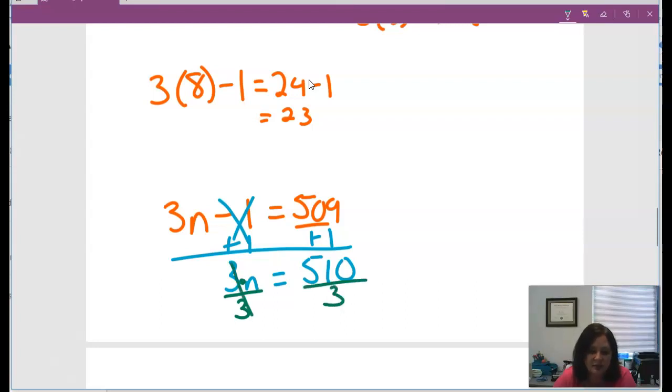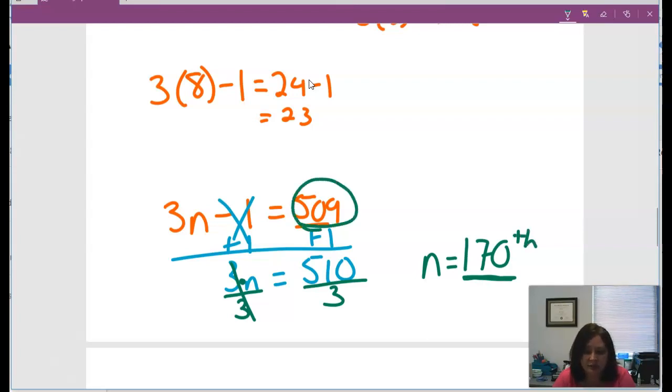Divide both sides by 3, and I'm going to see that n is equal to 170 exactly. Now, if I had received a decimal, then my answer would be no, because it wasn't exactly that value. But since I've received that exact value here, this is telling me the 170th term will have 509 squares.